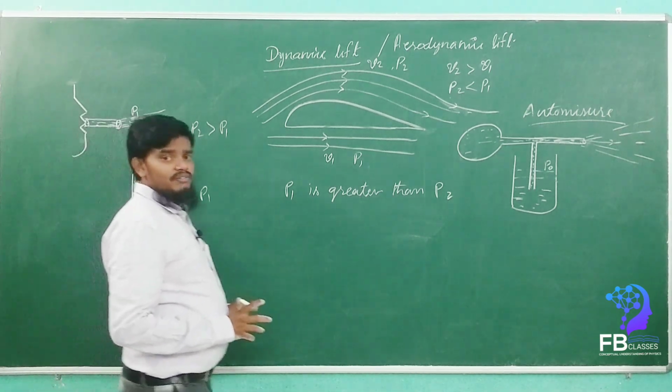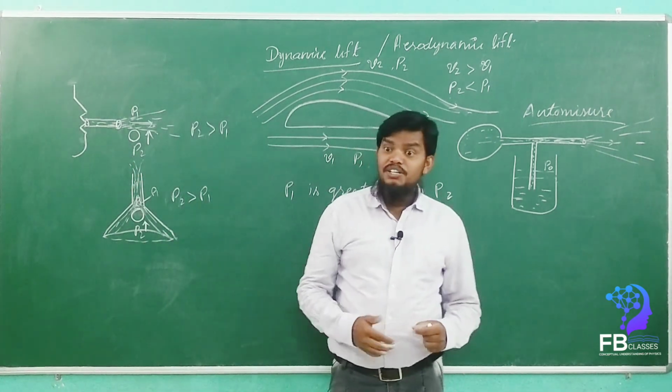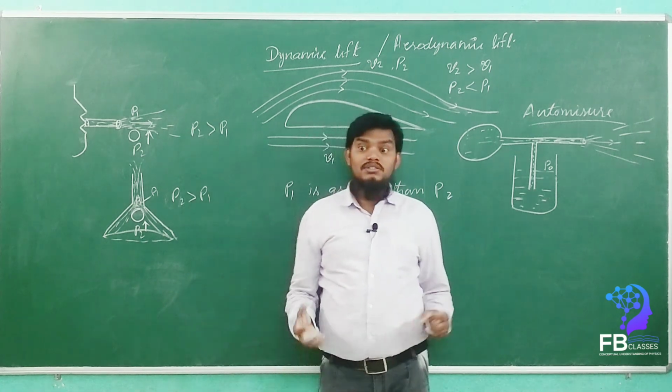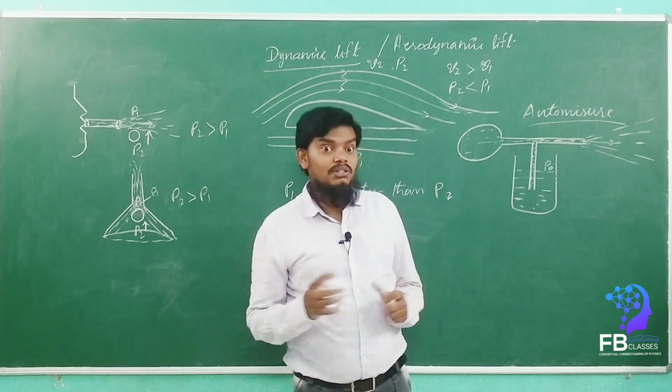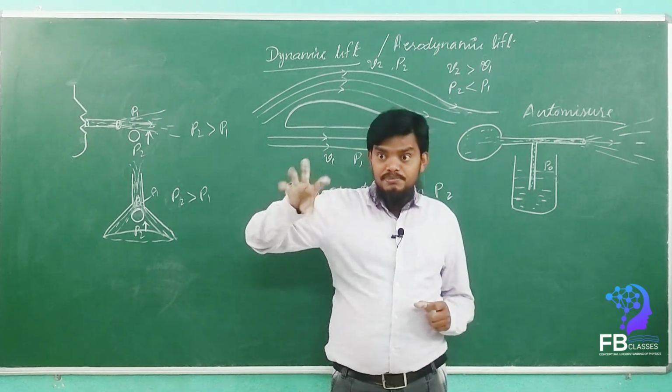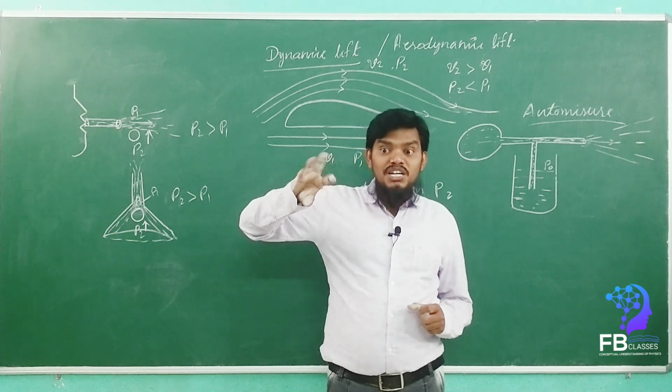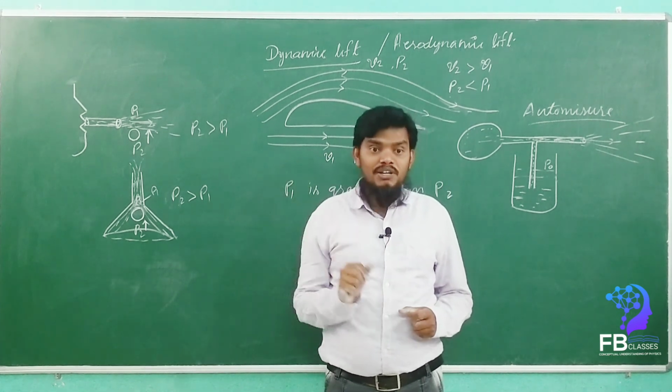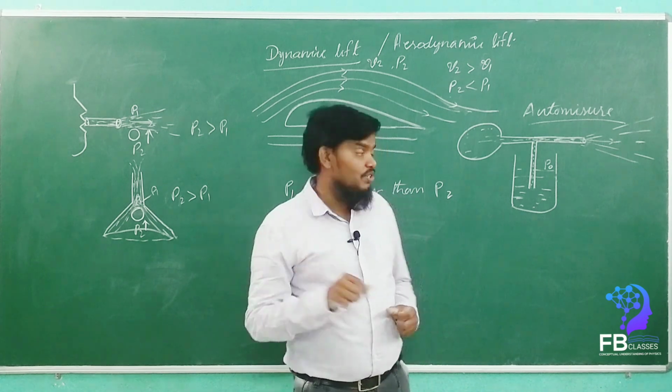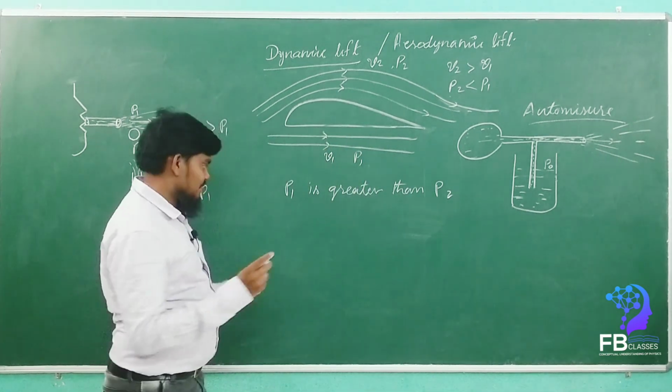Whenever we are playing cricket and you hit the ball, what will happen? Sometimes in our day-to-day life we have experienced that the ball will spin. We can call the spinning of the ball the Magnus effect. What effect? Magnus effect. So how will this ball spin? See here.